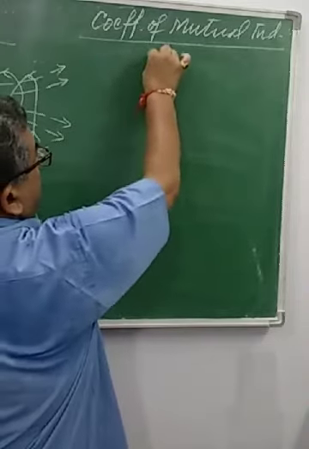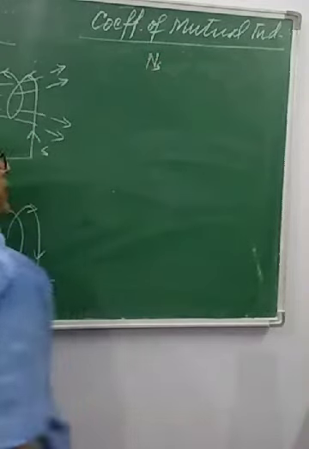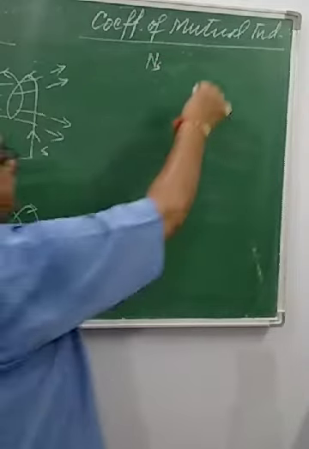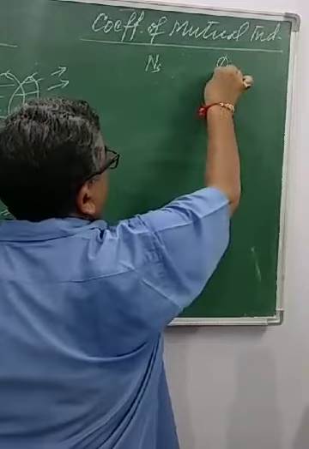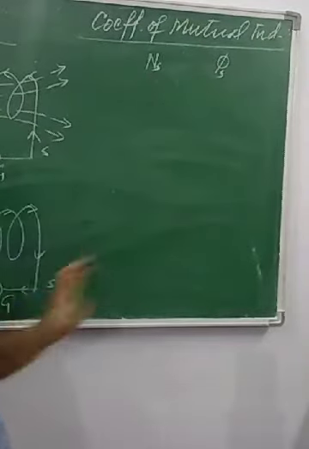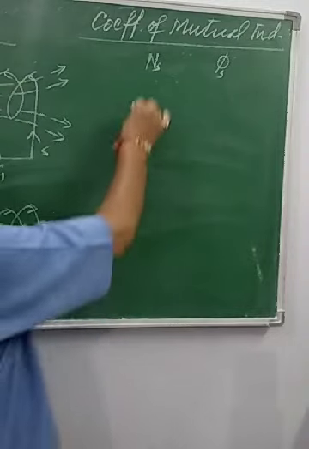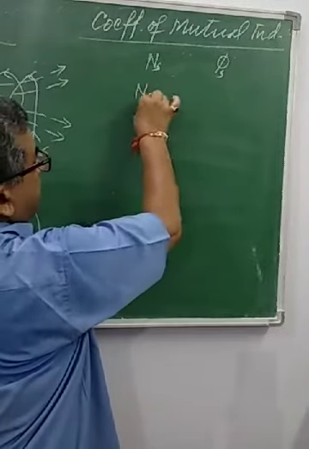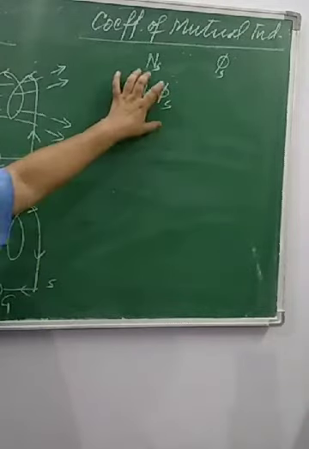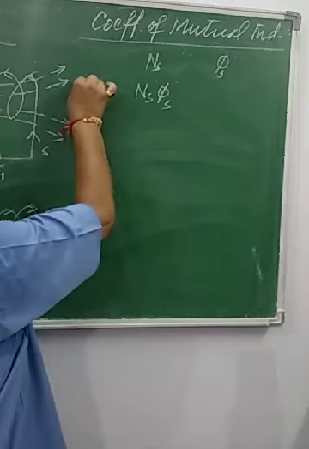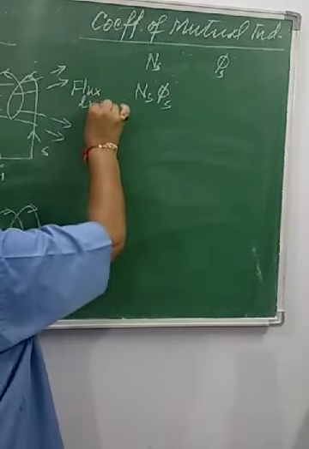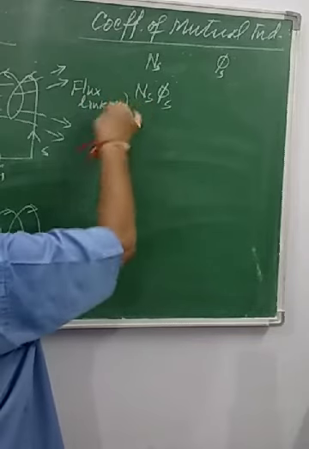Suppose N_S is the number of turns in the secondary coil and the flux passing through one turn is phi S. The total flux passing through the whole coil is N_S phi S, and this is called flux linkage, or total flux linkage.